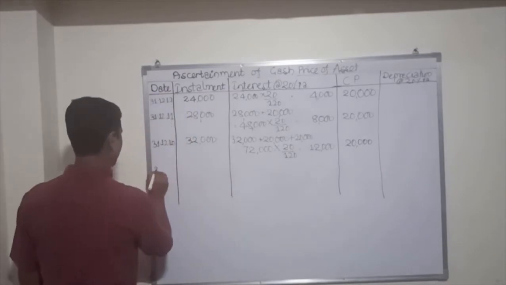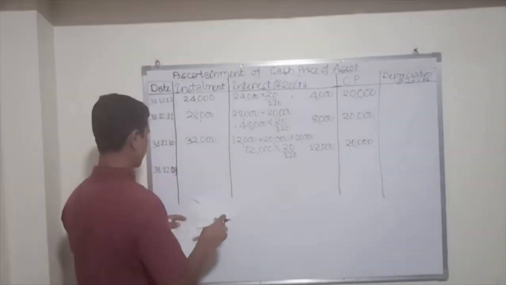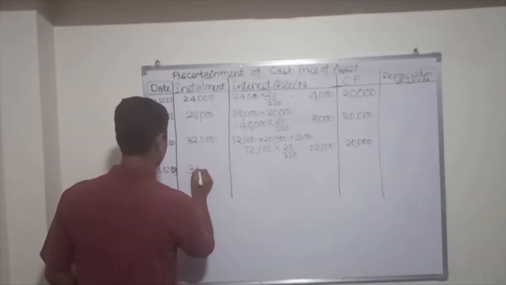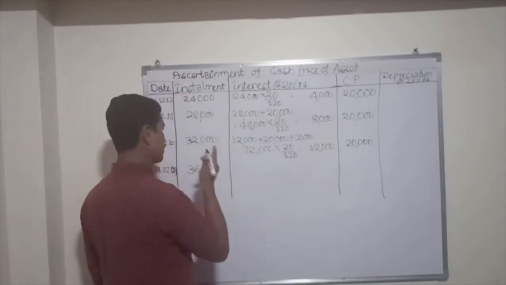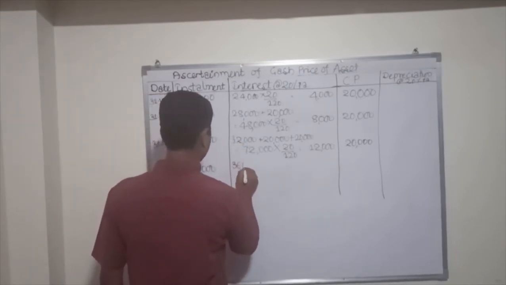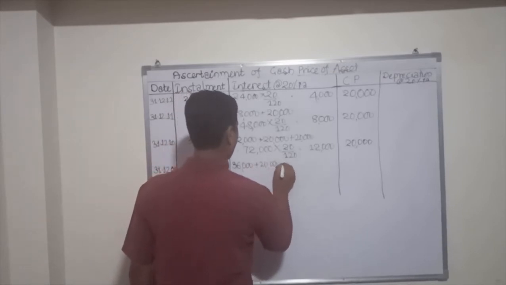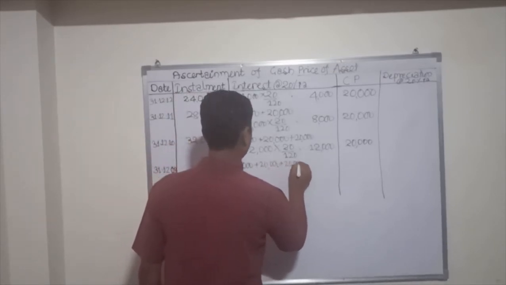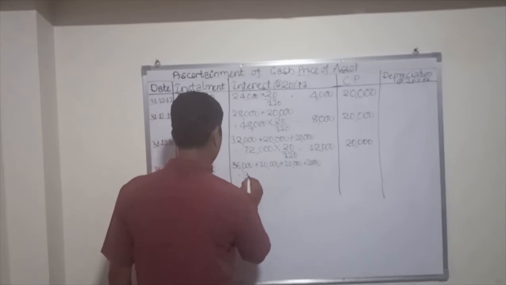Then on 31st/12/2009, that is the first installment. So 36,000 plus 20,000 plus 20,000 plus 20,000, so it will be 96,000.